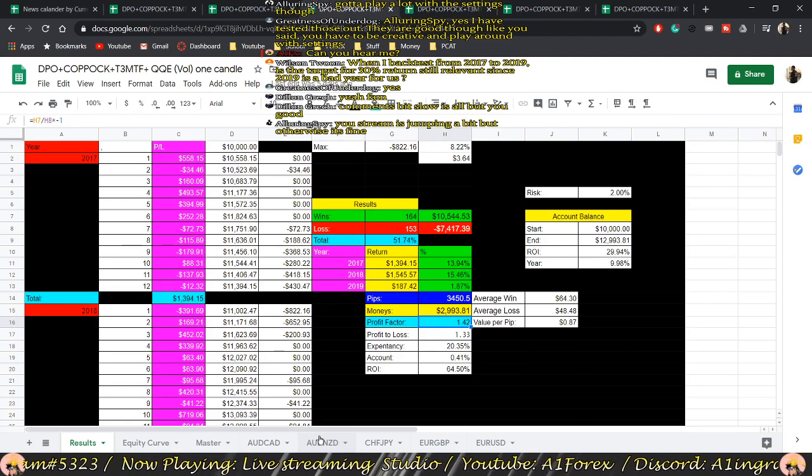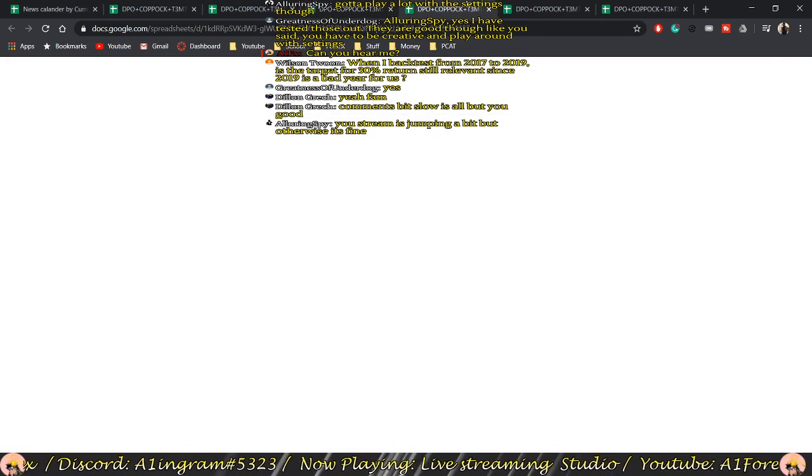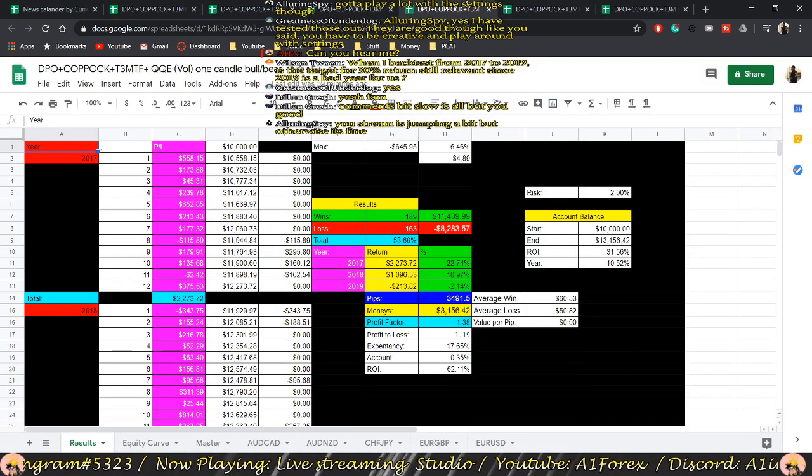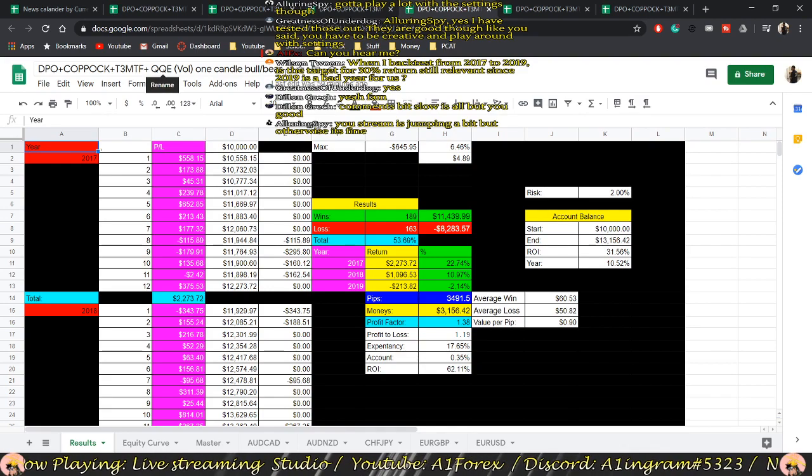Let me go back to the spreadsheets. I did the 1 candle rule. $10,000, $7,000 loss. I know when I was backtesting that a lot of times with the bullish and bearish candle, I wasn't making that much money. So that's what made this spreadsheet, one candle bull versus bears.